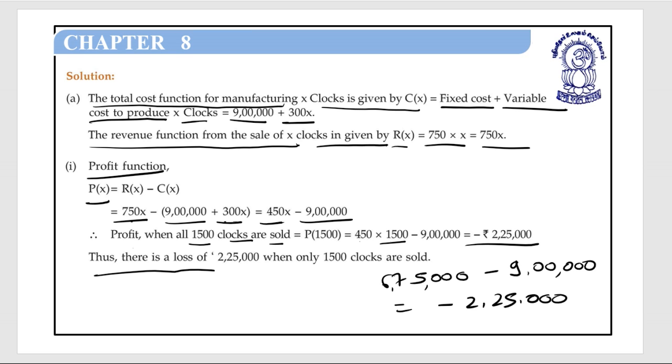Thus there is a loss of rupees 2,25,000 when only 1500 clocks are sold. Minus sign is the sign for loss and plus sign is the sign of profit. Okay, remember it.